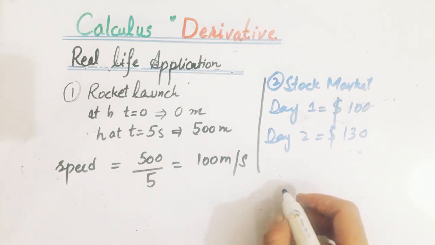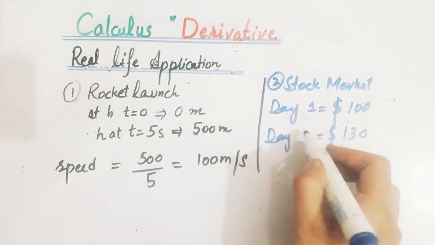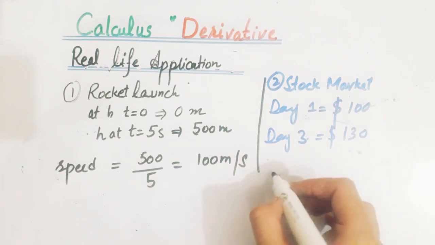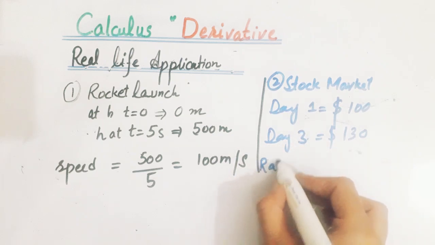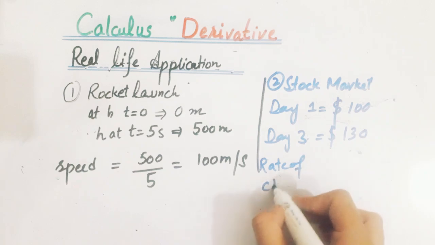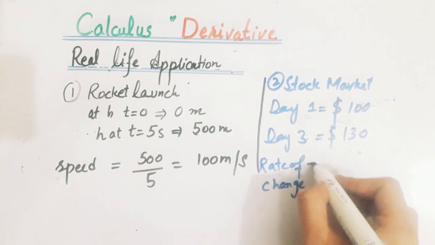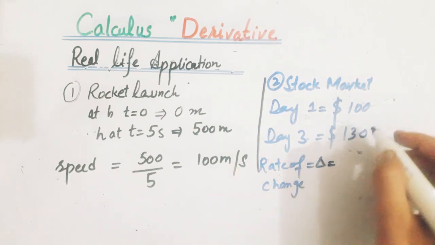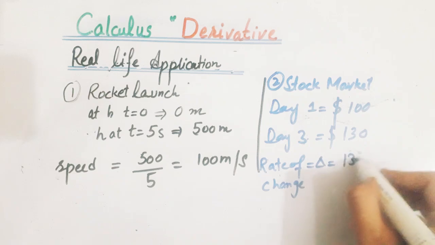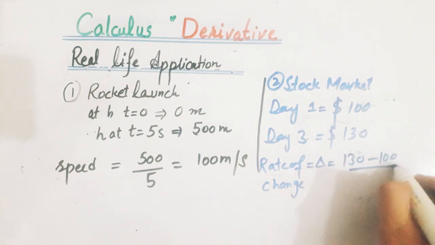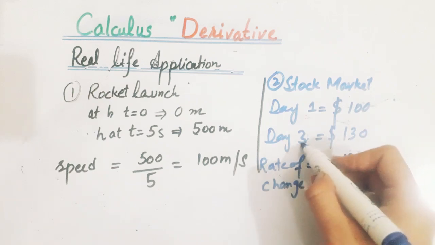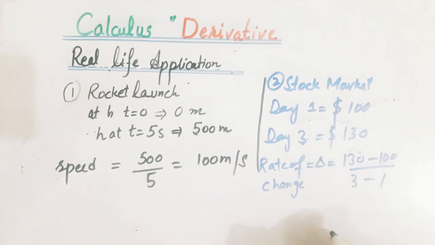This will be day 3, let's suppose. So the rate of change we can also describe by delta, meaning 130 minus 100 with respect to time, day 3 minus day 1. So this is the derivative in finance.